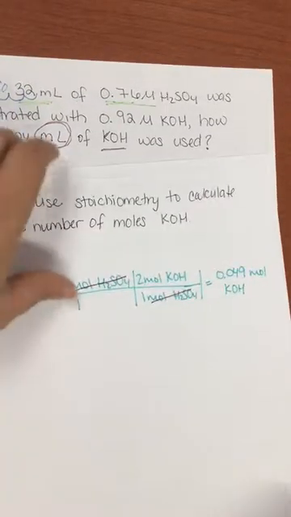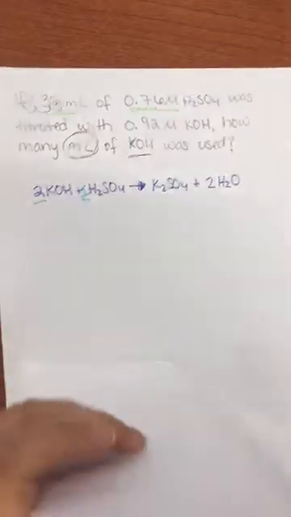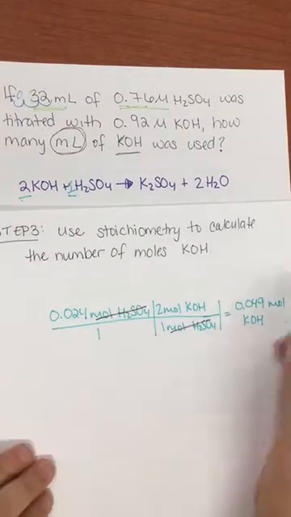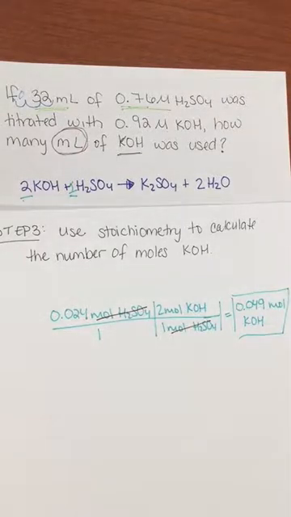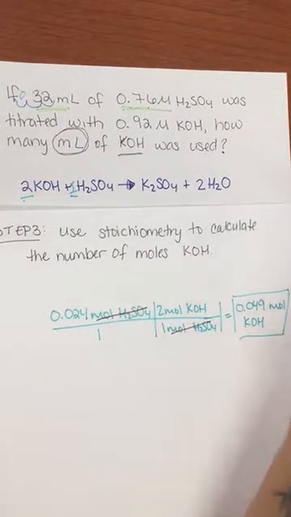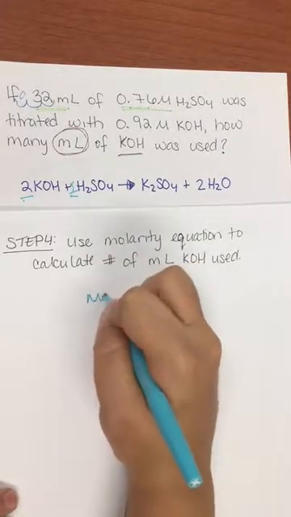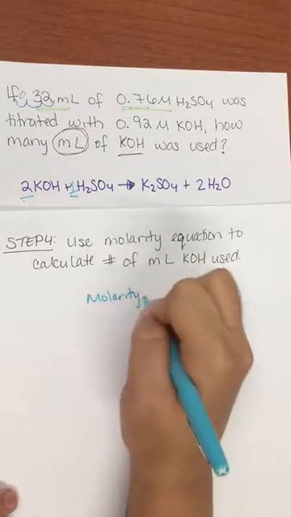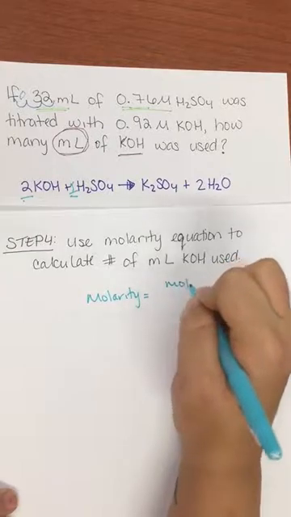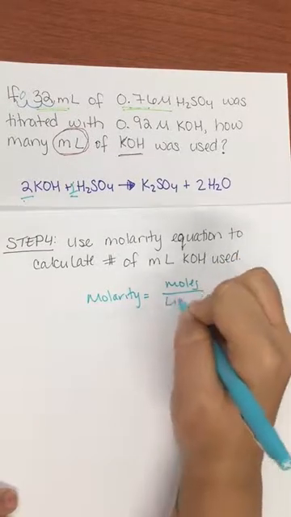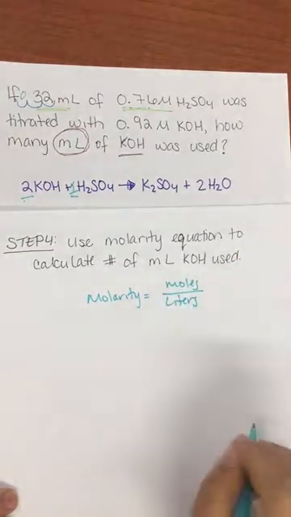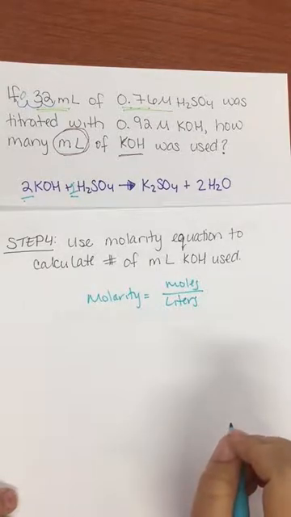All right, almost there. I have the number of moles. So my last thing is to go back to my molarity equation. Molarity equals moles over liters. And I'm going to plug in the information that I have.